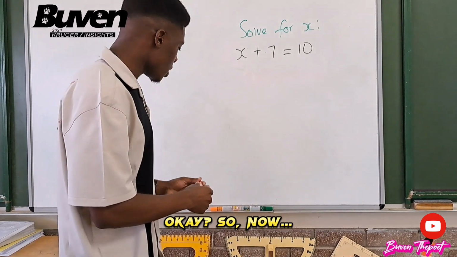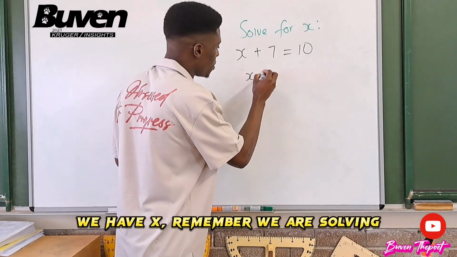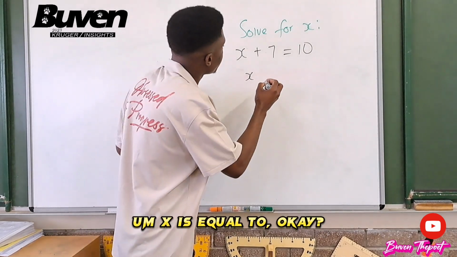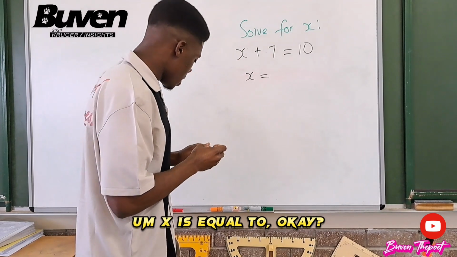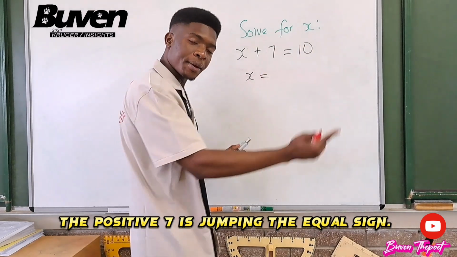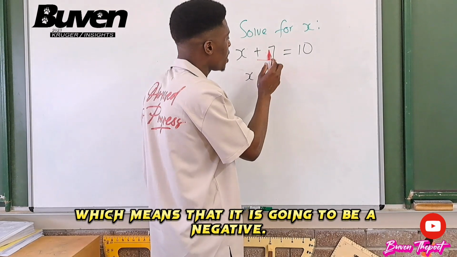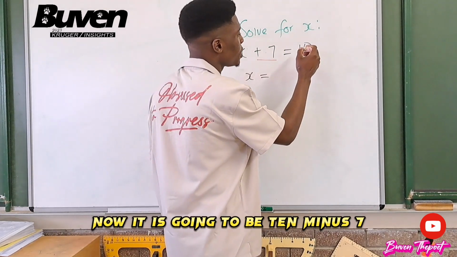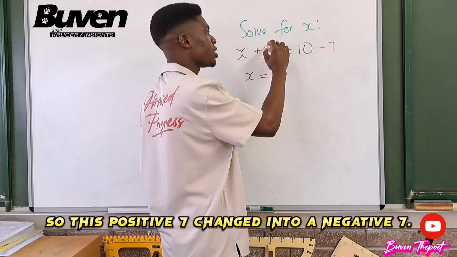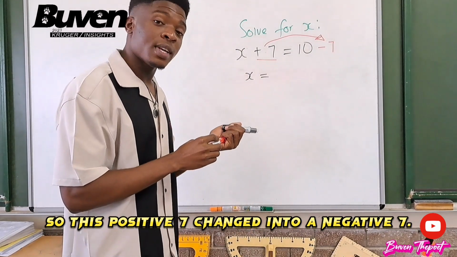Now we have x. Remember, we are solving for x. So x is equal to, now the positive 7 is jumping the equal sign, which means that it is going to be a negative. Now it is going to be 10 minus 7. So this positive 7 changed into a negative 7.